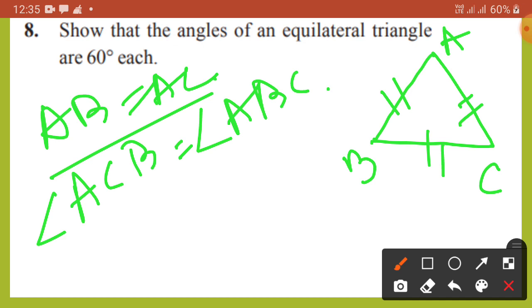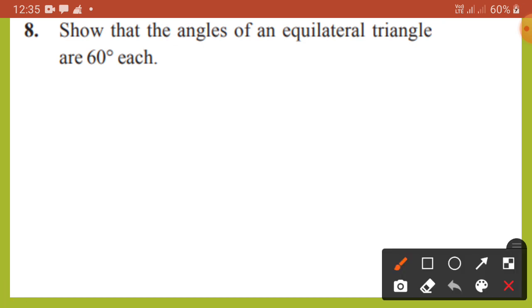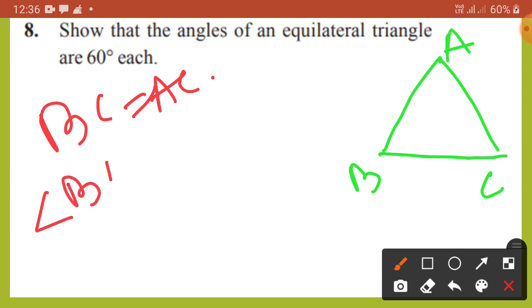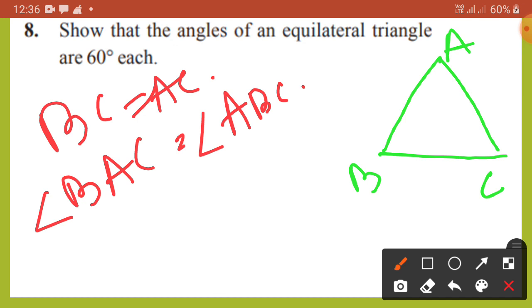Why? Because angles opposite to equal sides of a triangle are equal. Now again BC equal to AC, so angle BAC equal to angle ABC. Again, angles opposite to equal sides of a triangle are equal.